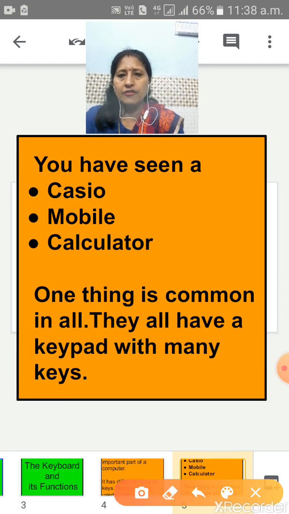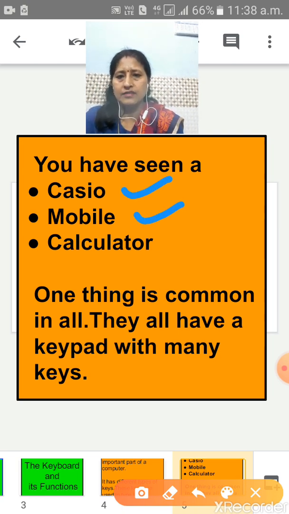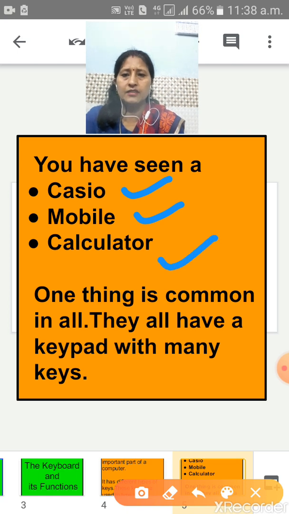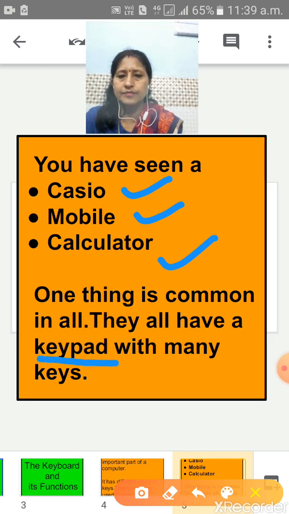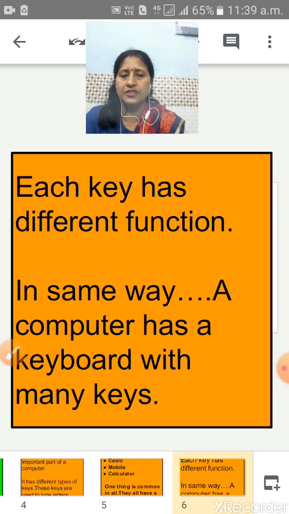Children, have you seen a Casio, mobile, and calculator? One thing is common in all. What is that? Children, they all have a keypad with many keys. Each key has a different function.